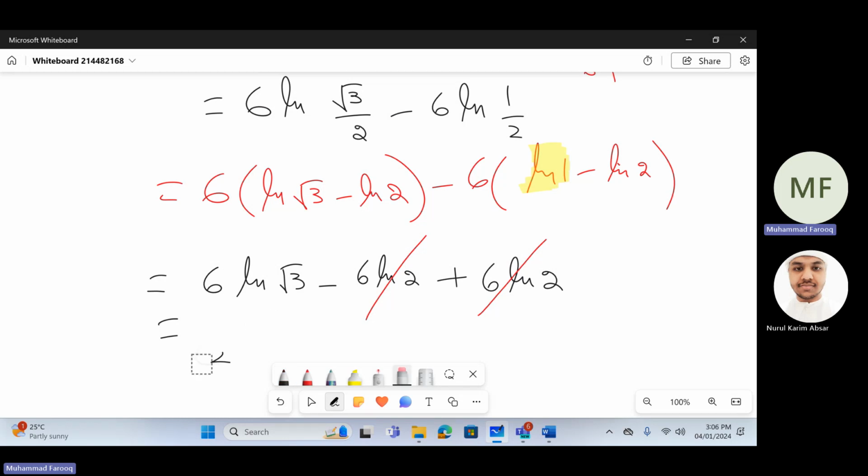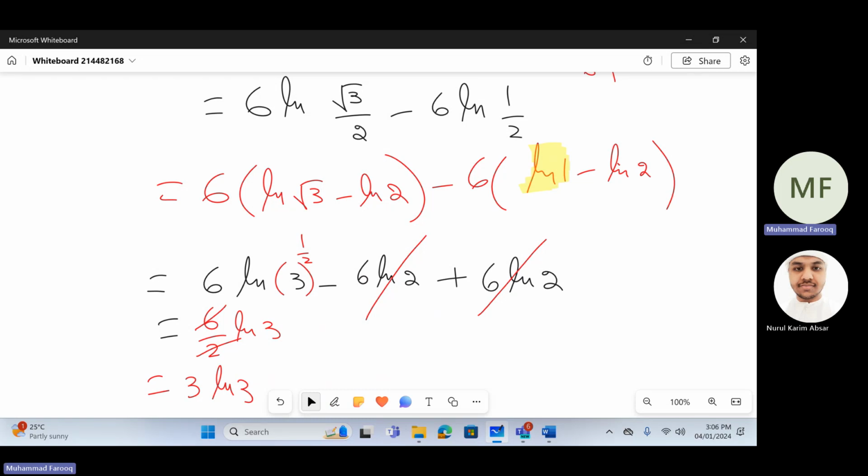Yes, basically, because this is the argument and it has a power. So with the property of the natural log function, the power will come down, becomes 6 over 2 ln 3. This 2 cancels out with the 6, so you have 3 ln 3. This is the simplified answer. Very good.